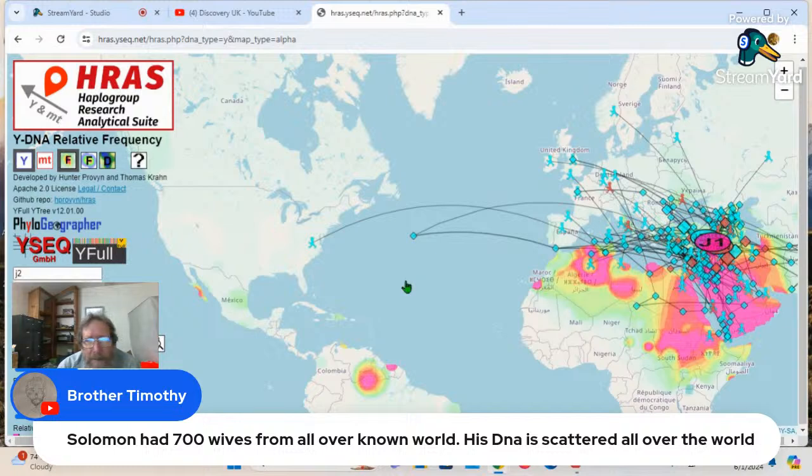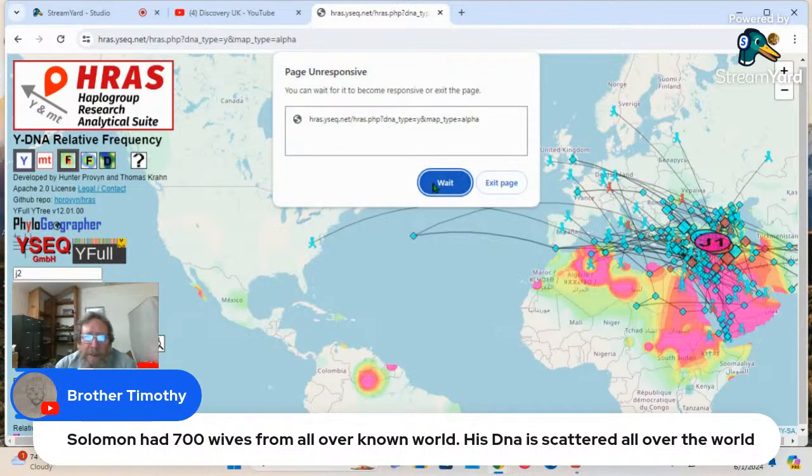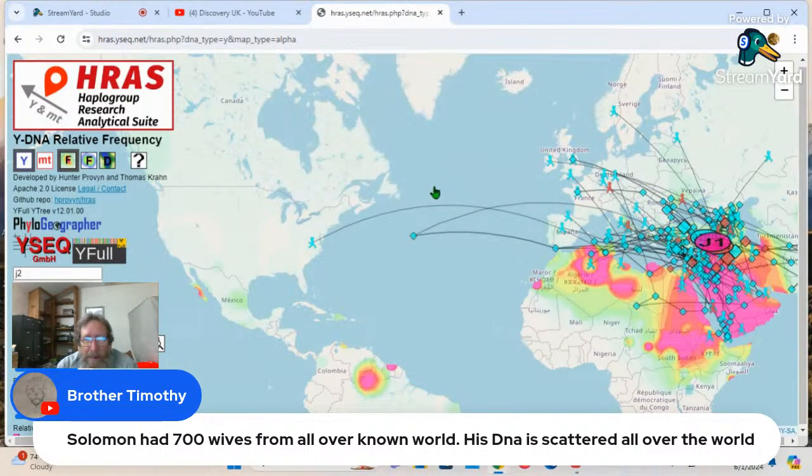So we'll go to the J2 now, which would probably be J2 M172, which would be the house of David in the days of King Solomon.